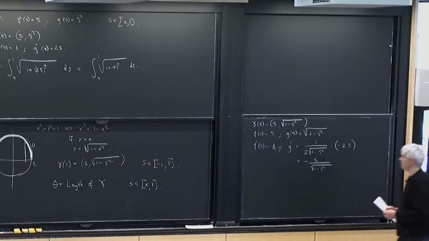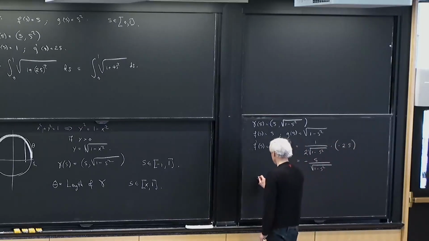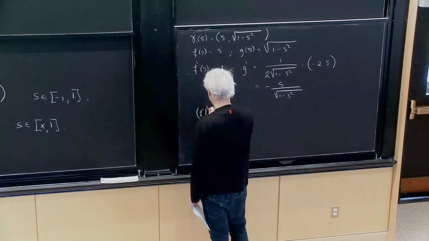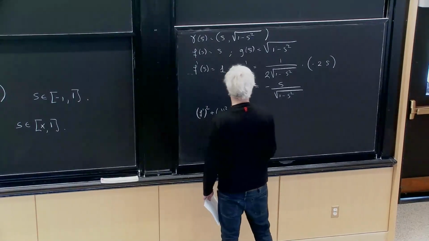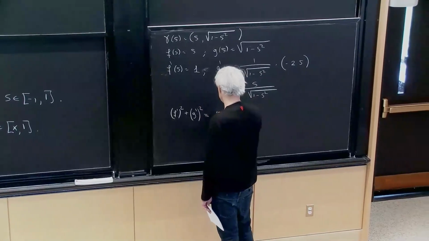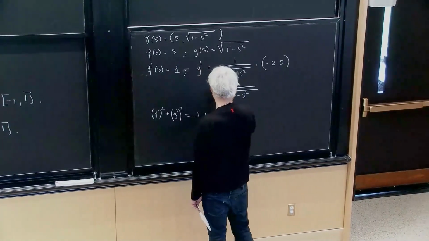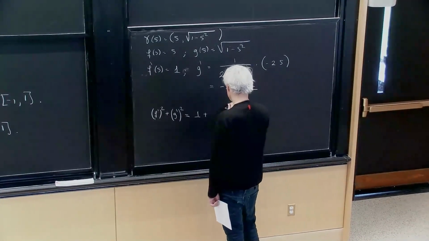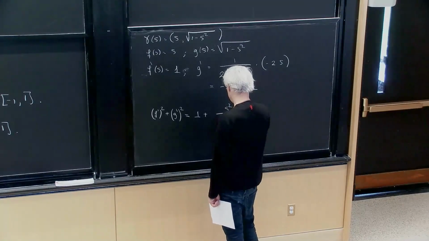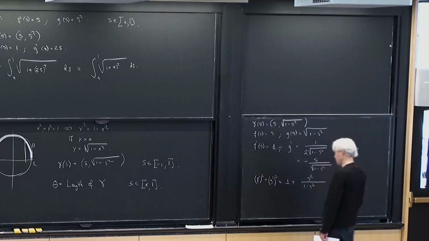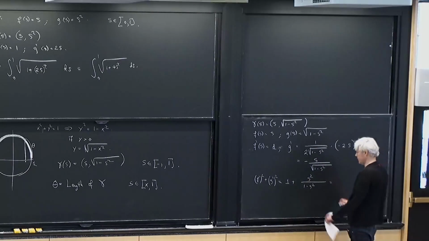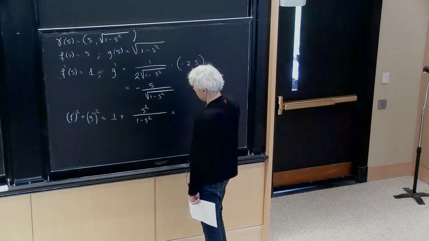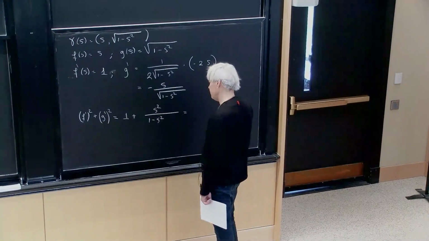And so now, if you're looking at f prime squared plus g prime squared, this is equal to: f is 1, so this is 1, plus this thing here squared, so this is s squared, and the denominator squared is just, of course, 1 minus s squared. And we can now put it on a common denominator, right?